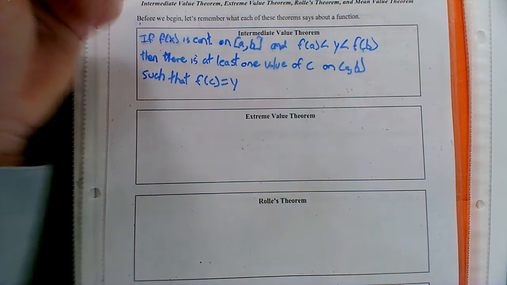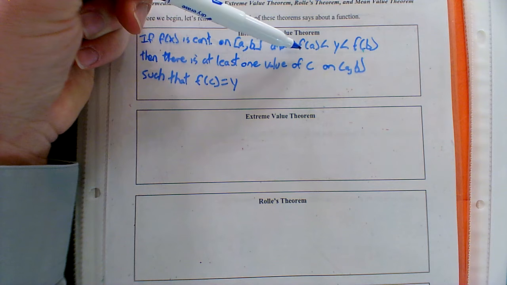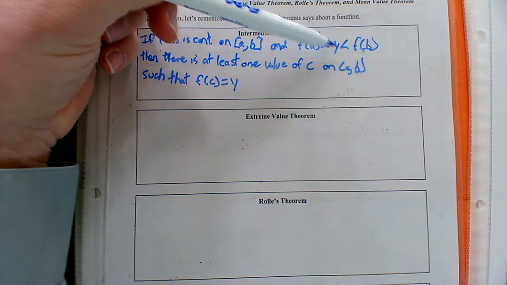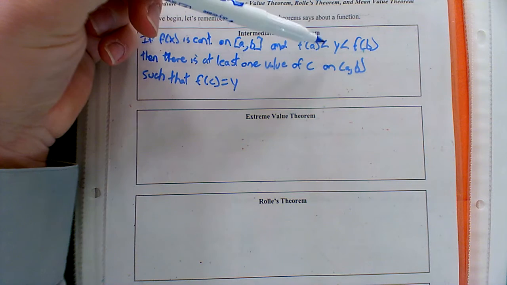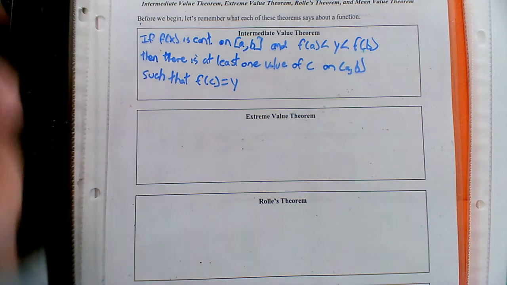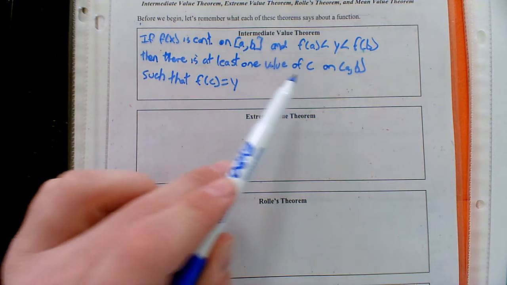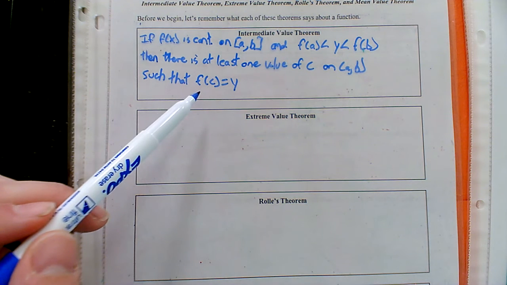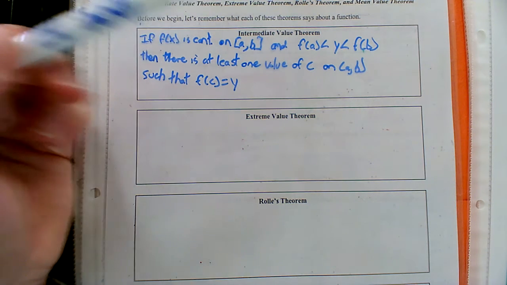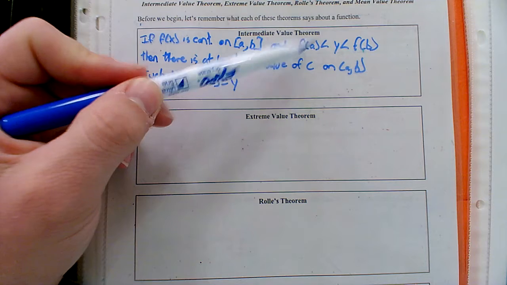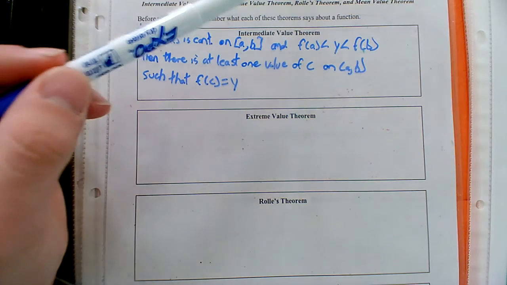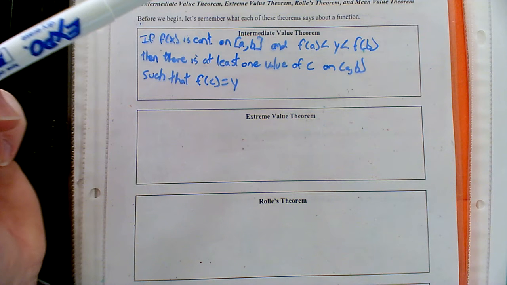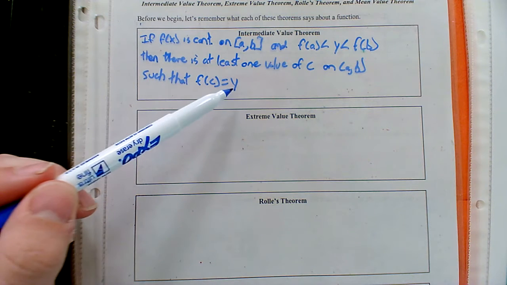So we had stated if f of a was a negative number and f of b was a positive number, so less than 0, greater than 0, if we have 0 in the middle, then there's at least one value c such that f of c would be equal to 0. So if we know the interval is continuous from a to b and this one's less than 0 and that one's greater than 0, it has to cross the x-axis somewhere. So at some point in between there, there's some value c where if you evaluate it, you're equal to 0.